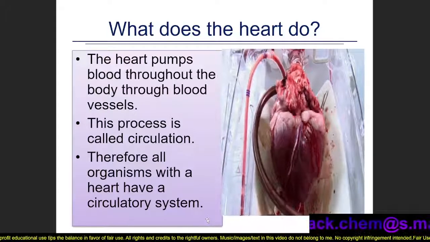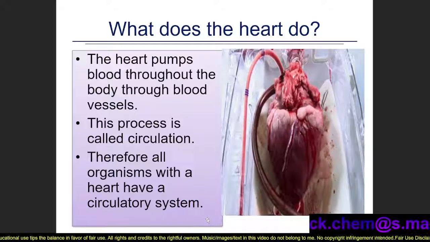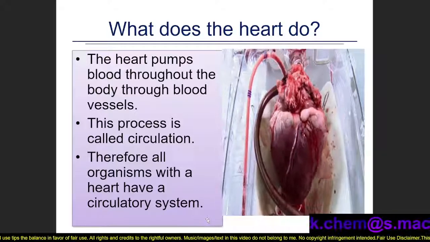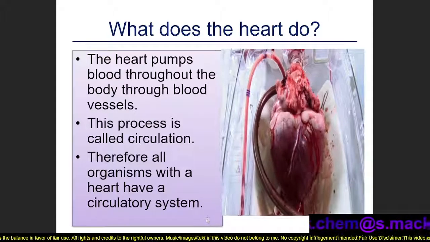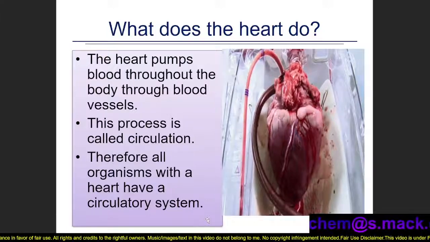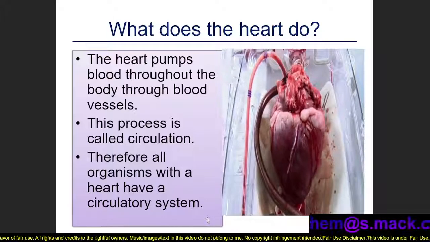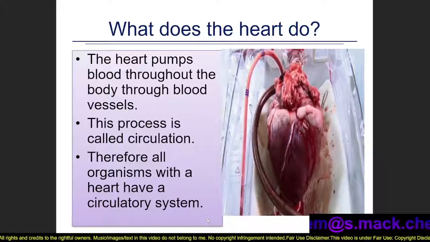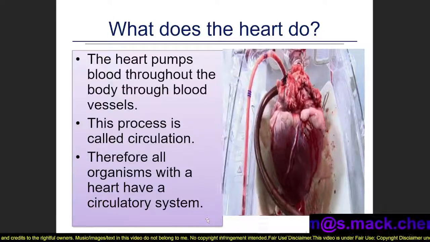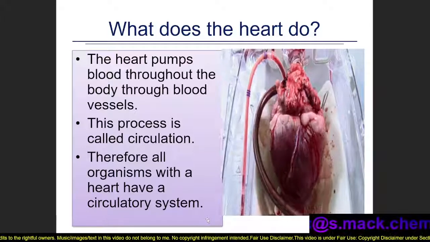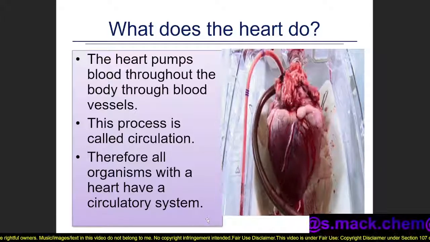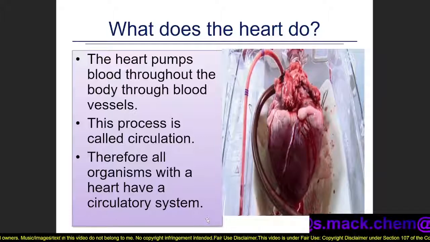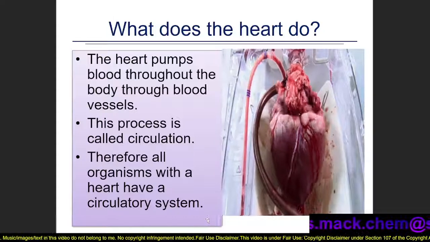Think of vessels as main roads, bus routes, side roads, etc. So this process of pumping blood throughout the body is called circulation, and therefore all organisms that have a heart must circulate blood, and we say that these organisms have a circulatory system.